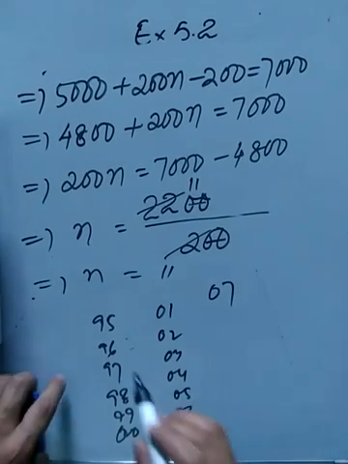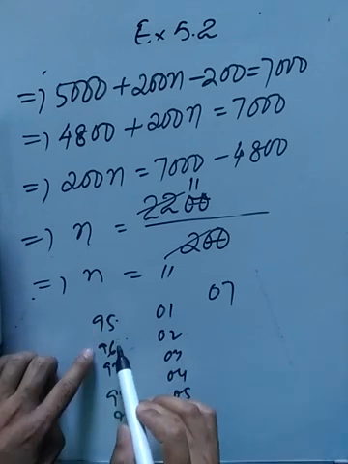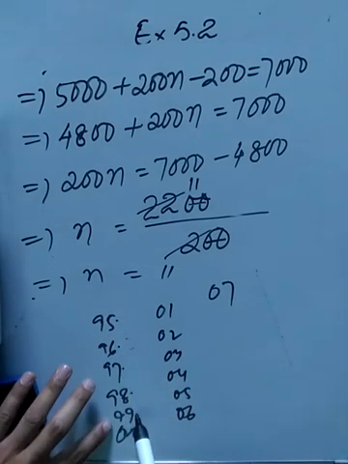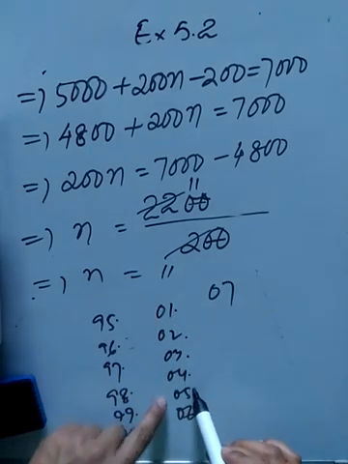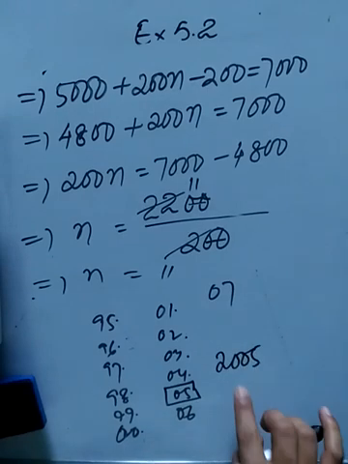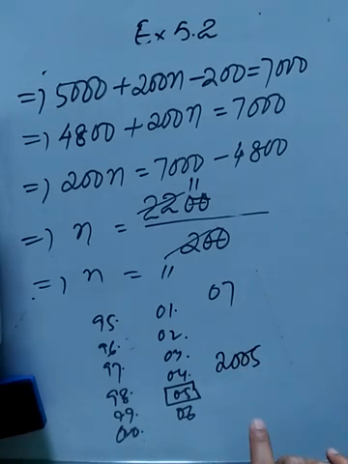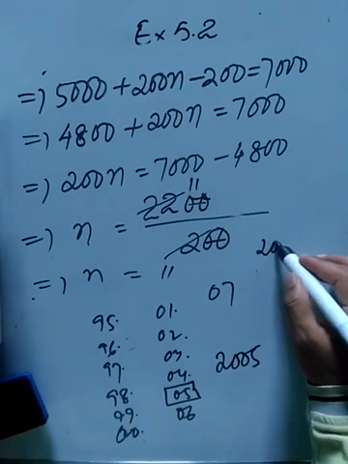Sorry, he started his work in the year 1995, not 2005. So first, second, third, fourth, fifth, sixth, seventh, eighth, ninth, 10th, 11th. That means in 2005. This 2005 is the 11th year of his work. In this year, he will be getting 7,000. So that is 2005.